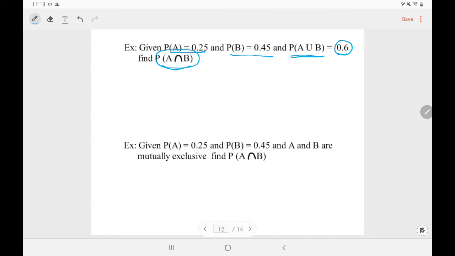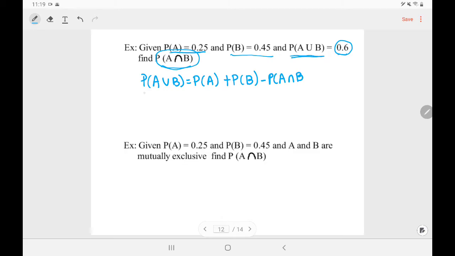Now, how can I calculate that? Well, I can go back to my formula for OR events, which is P of A or B happening is equal to the probability of A happening plus the probability of B happening, minus the probability that they're both happening, and I can find my missing piece of information. So what does that mean for me?